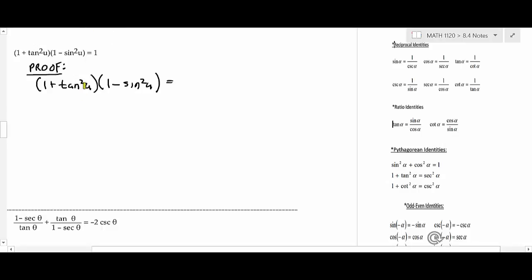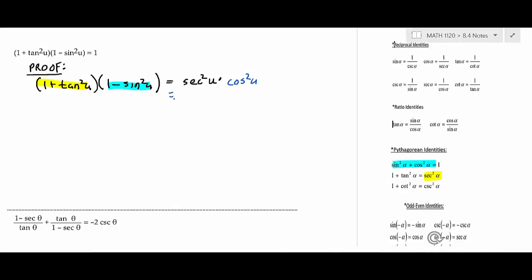You want to observe that 1 plus tangent squared is really just the secant squared. So go ahead and replace that with secant squared of u, okay? Now you go to this one, and again, you rearrange that in your head. So basically that's going to be cosine squared u. Okay, you guys with me on that? That's the way to do the proof, and we're almost done.